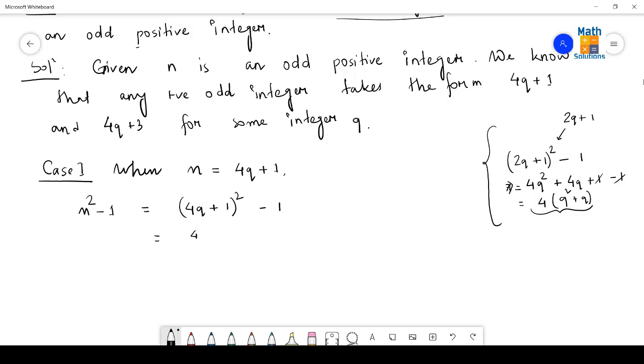What result do we get? 4q whole square plus 2 into 4q into 1 plus 1 minus 1. 1 got cancelled.